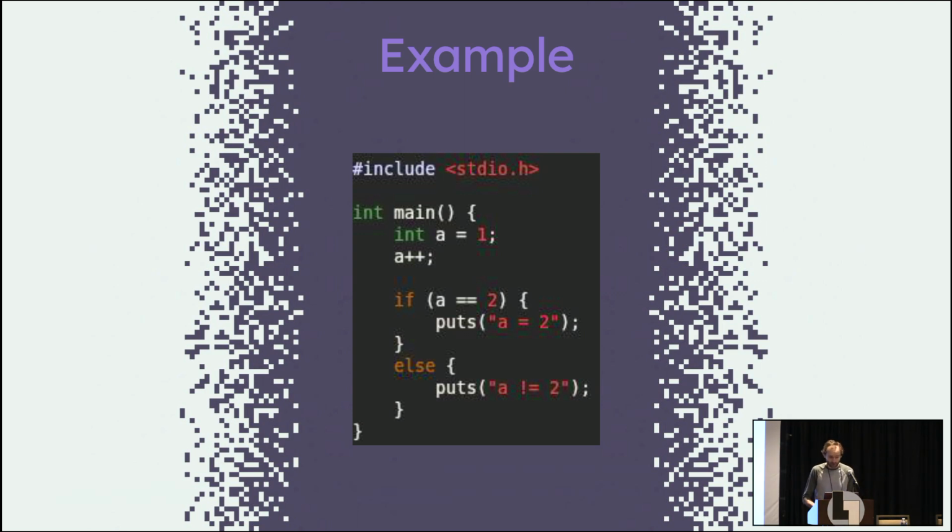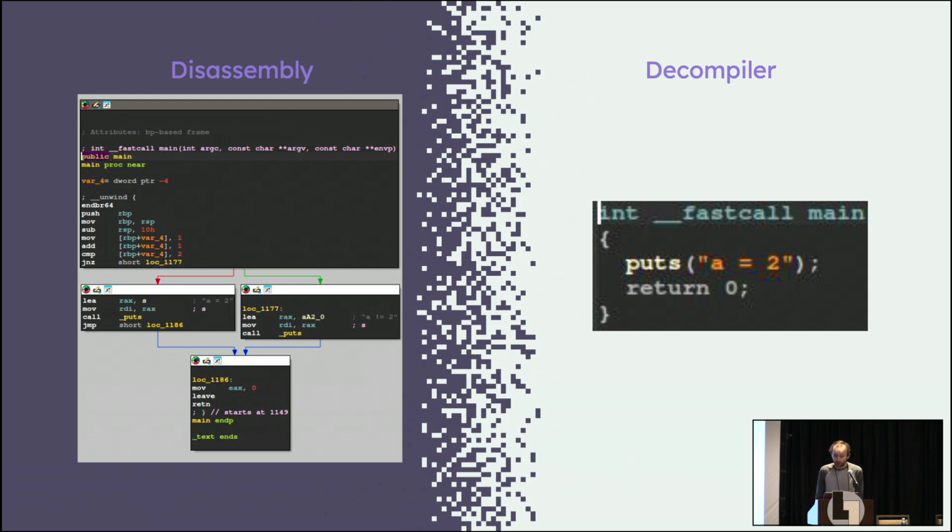But if you ask it nicely not to do that, we can see how the decompiler works. I've got the disassembly on the left, just so you can see that it's not the compiler optimizing this way, it's the decompiler. We've got essentially that same logic. I know you can't really read this, I'm sorry.